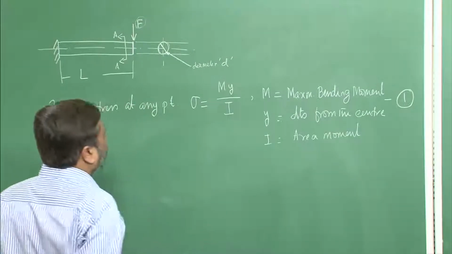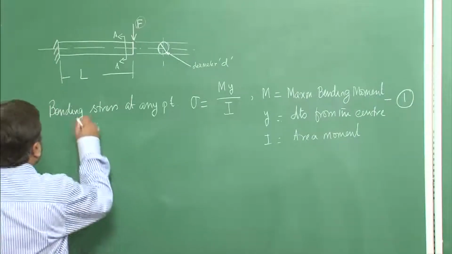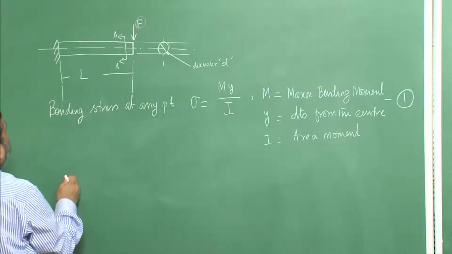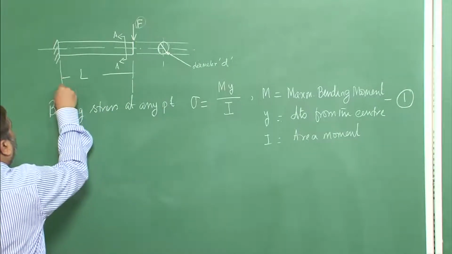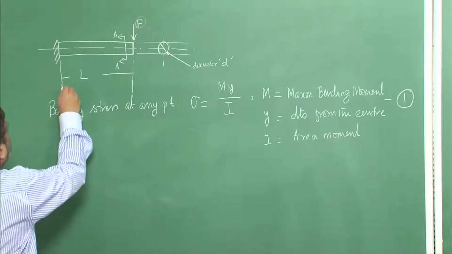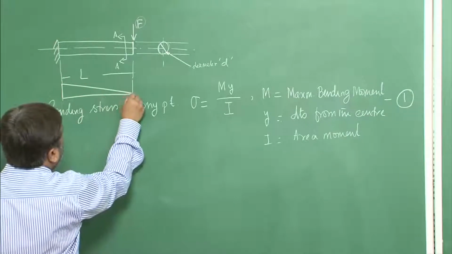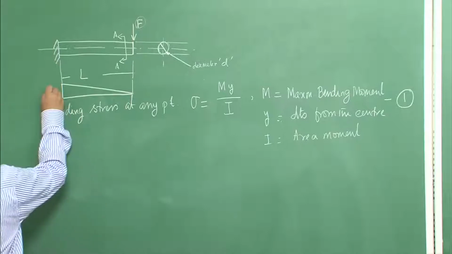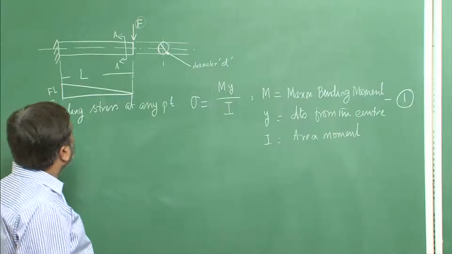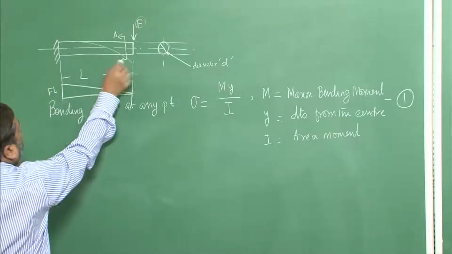I have to find out the maximum bending moment that is possible in this beam. If I draw the bending moment diagram of the beam, the maximum moment will come at the fixed end and it will become 0 at the other end. The maximum bending moment here has magnitude FL. Of course, the deflection of the beam is downward.